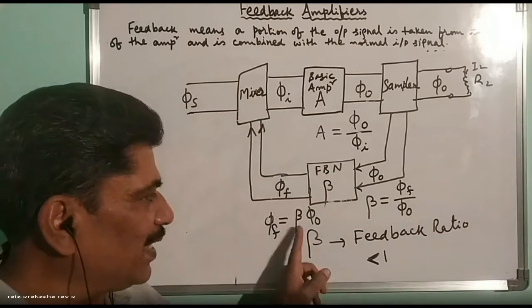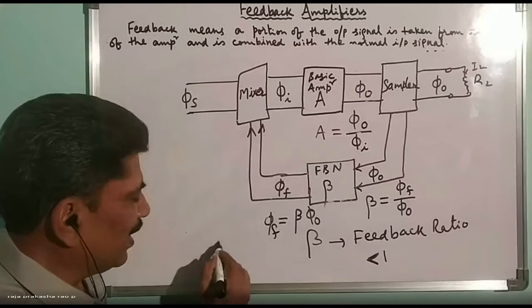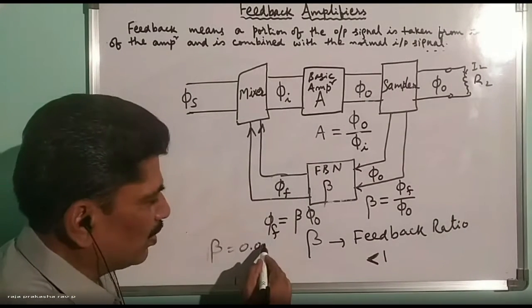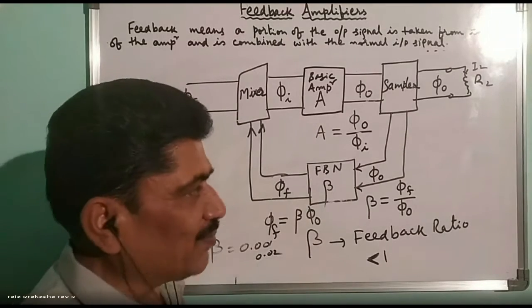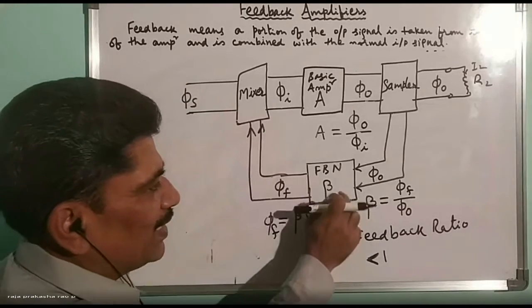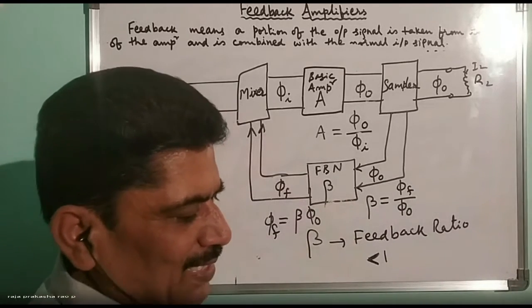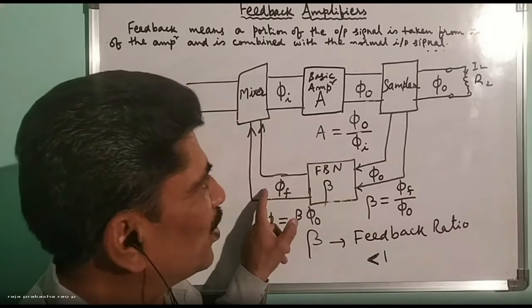In that way, the beta value will generally be 0.001 or 0.02 like that. Only a small portion of this signal will be collected from the output signal. So this facility is doing that for us. So xf is nothing but a small portion of this output signal.